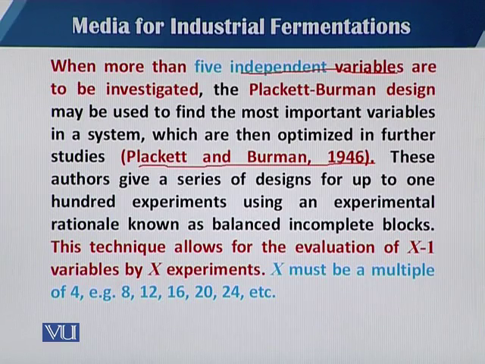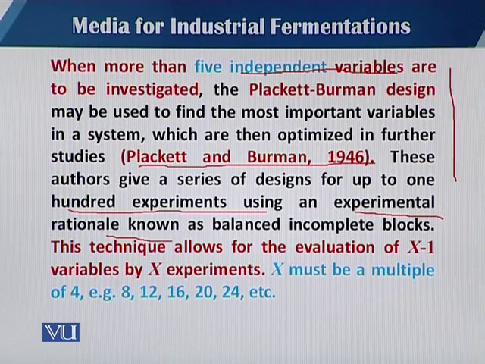According to these authors, they designed a series of experiments, about 100 experiments, using an experimental rational technique, which is basically balanced incomplete block design. This technique only allows the evaluation of x minus 1 variables by x experiments.